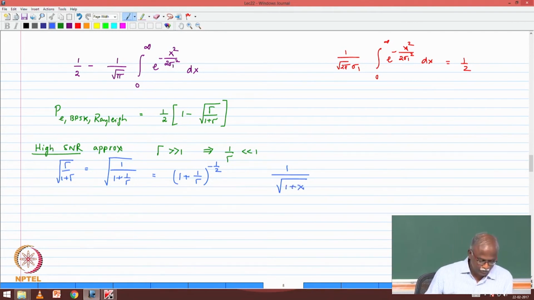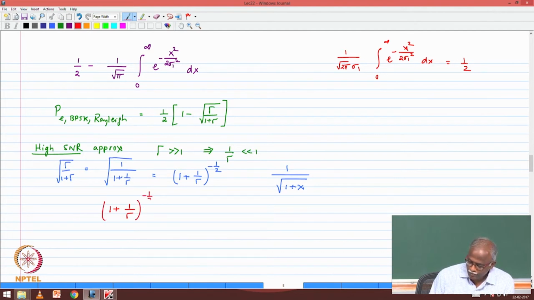And for that, we know the series approximation, and it's valid because gamma is much larger than 1, 1 by gamma is much less than 1. Please do the series expansion. Let me just give you the first 3 terms so that you can verify that. But I would like you to actually be sure that you are comfortable with this.